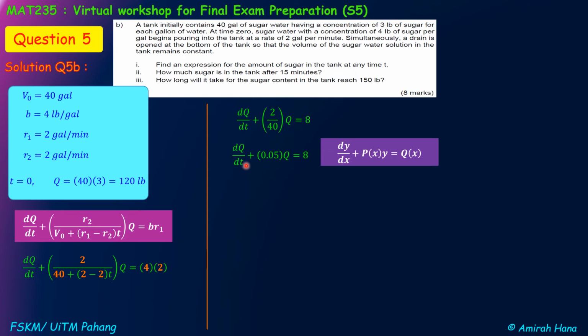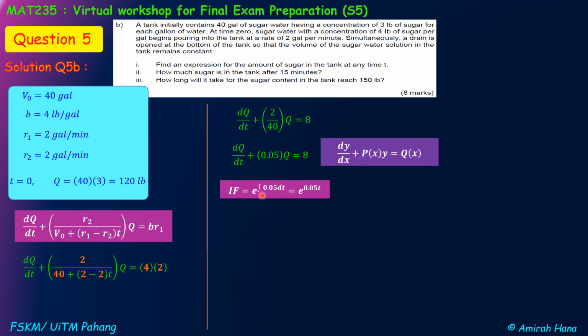When we solve using linear equation, we need to find the integrating factor, IF. IF equals to e to the power of integration of p(x) dx. But now our p(x) equals to 0.05 and dx now equals to dt.